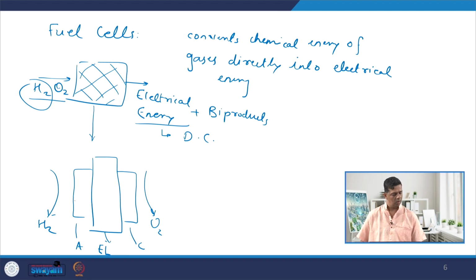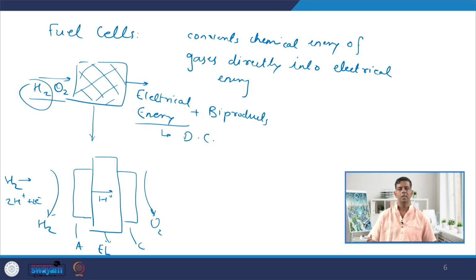On the anode side, hydrogen gets split into protons and electrons. One mole of hydrogen gas is split into 2 moles of protons and 2 moles of electrons. Only protons pass through this electrolyte, as it has already been mentioned that the electrolyte should be highly ionically conducting, and theoretically it should be a zero conductor, or insulator, for electricity or electrons.